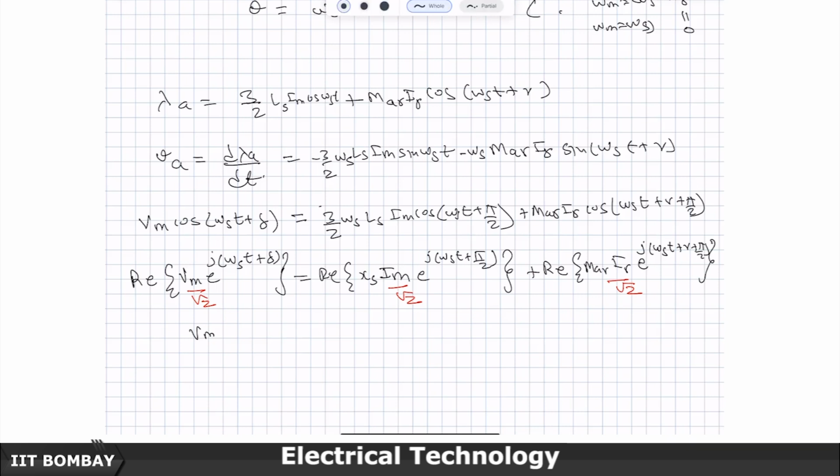And then I will call Vm by root 2 e to the power j delta as the phasor, a complex number Va.